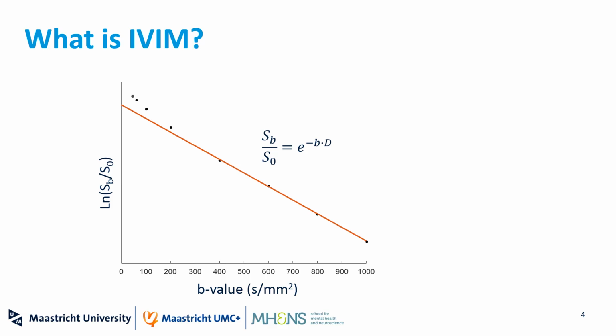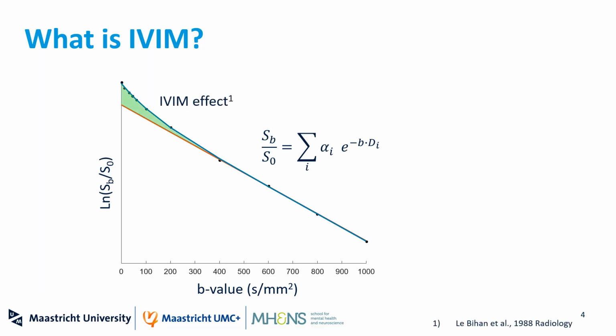However, the signal for lower B-values does not follow this relation due to the presence of an additional perfusion-related component. This is referred to as the IVIM effect, and from this the perfusion signal fraction can be calculated.